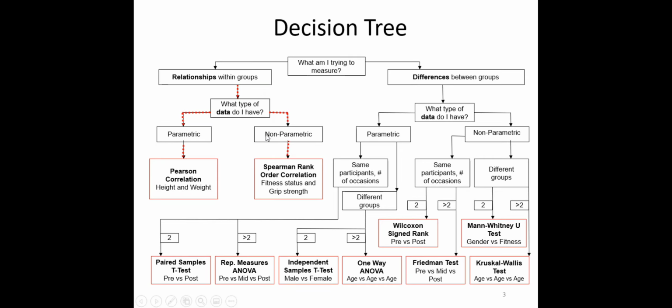To determine whether it is parametric or non-parametric, you can first of all have a look at the type of data that you've got, or secondly, conduct normality assessments on your data. So that could be your bell-shaped curve to examine skewness and kurtosis.